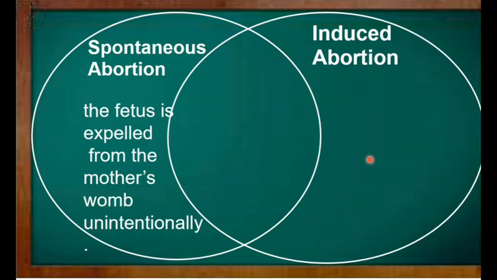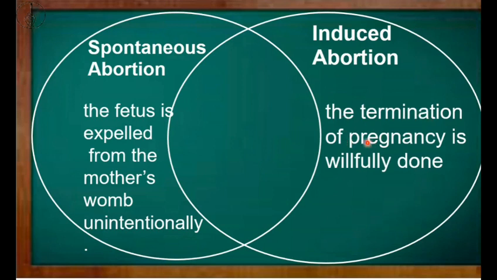Alright, let's proceed. Example. Under spontaneous abortion, fetus is expelled from the mother's womb unintentionally. Alright, you can write down your own idea. And then for induced abortion, the termination of pregnancy is willfully done. These ideas were taken from the selection.